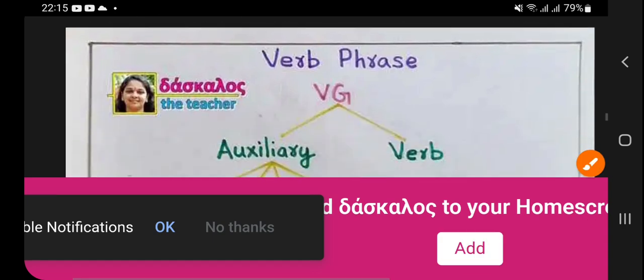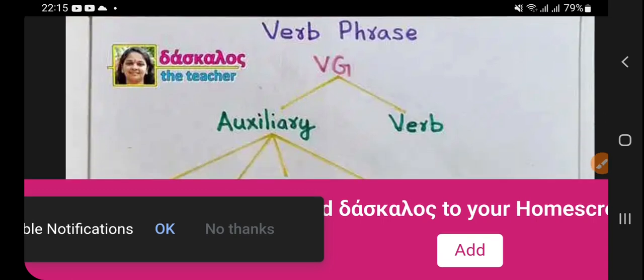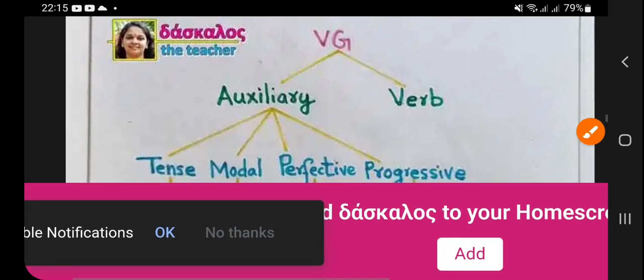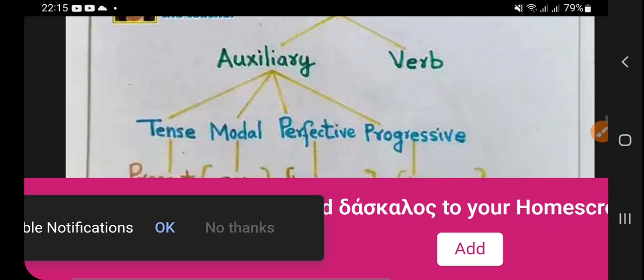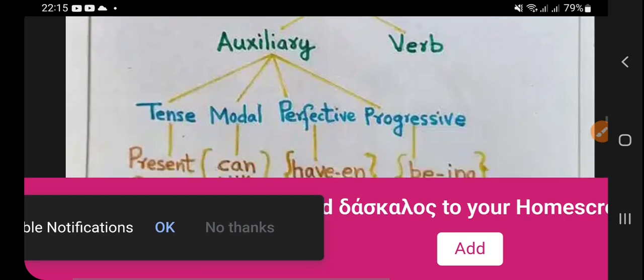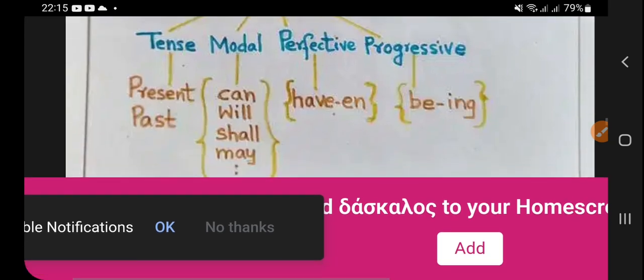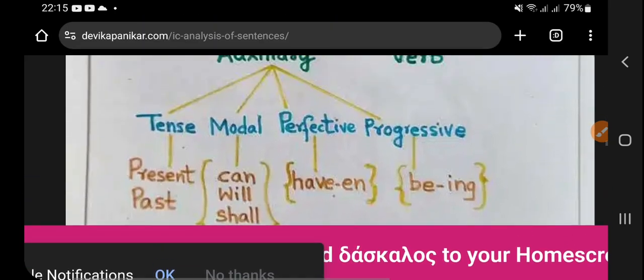Okay. Now, the verb phrase is the verbal group. What is the verbal group? That is auxiliaries and the main verb. The auxiliaries are what?